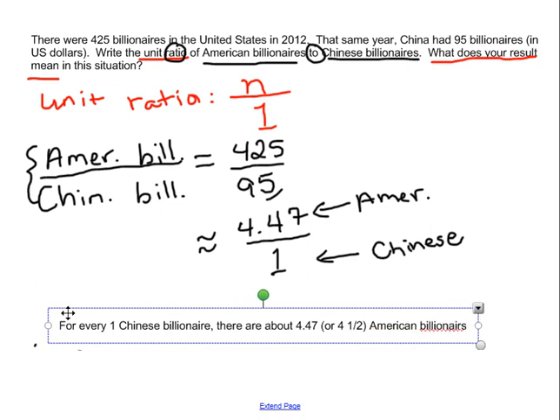So notice how we can take this information and put some meaning to it. There's basically 4.5 American billionaires for every Chinese billionaire, or for 1 Chinese billionaire, there are 4.5 American billionaires. We can write that in a couple of different ways as long as we're clear which nationality goes along with which number. Okay?